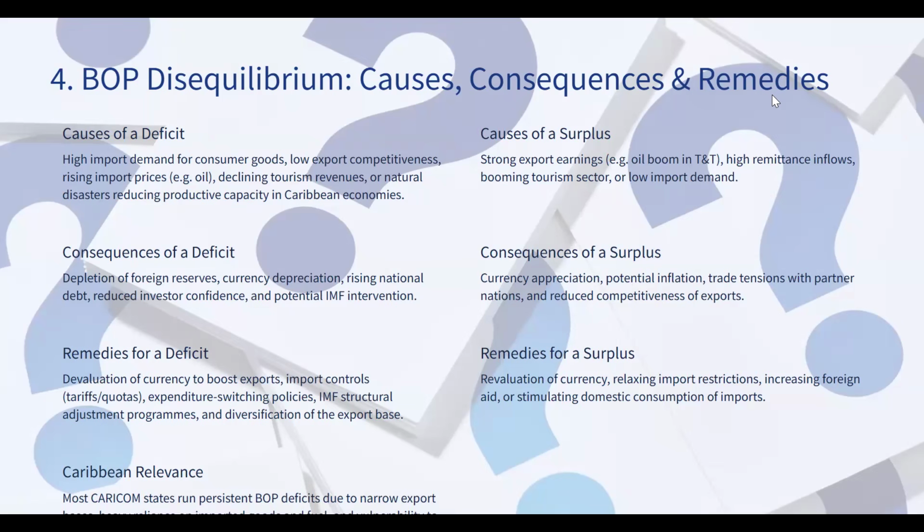For some reason, it could be that the goods don't exist locally or they're too high priced, so they import it instead. Or we have low exports, or we have less tourism. All these things could cause a deficit.